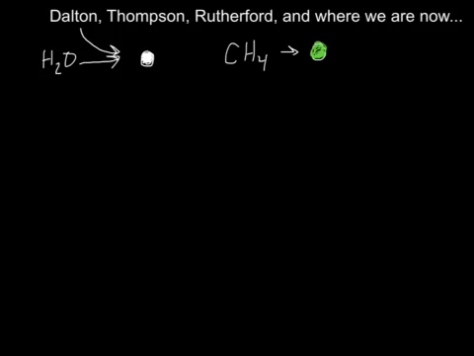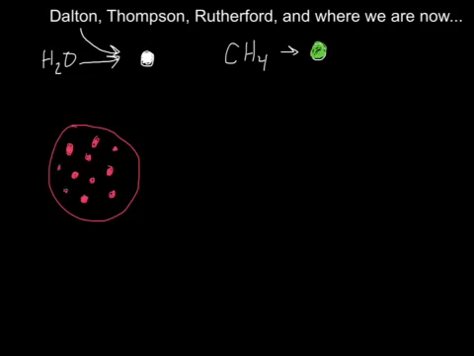Then we moved on to Thomson. And Thomson had that plum pudding model where he thought, yes, there's an atom, but it's not just a tiny solid ball. This was the plum pudding model, or chocolate chip cookie. So there were protons floating around in this plum pudding. Since none of us in any of the classes have had plum pudding, we go with the chocolate chip cookie ball.